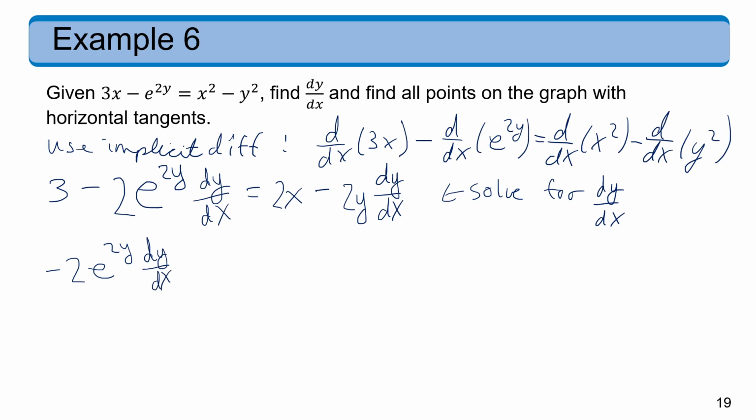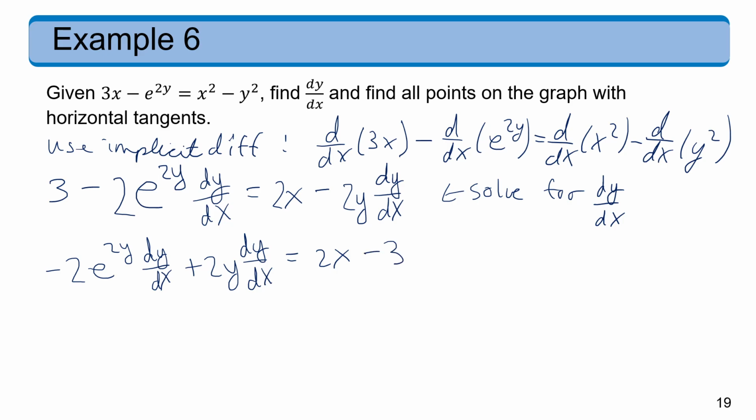And then I'm going to move this term over to the left by adding to both sides. So it will become on the left side plus 2y dy dx. And on the right, I'm keeping the 2x, but I'm moving over this 3 from the left over to the right by subtracting 3 from both sides.